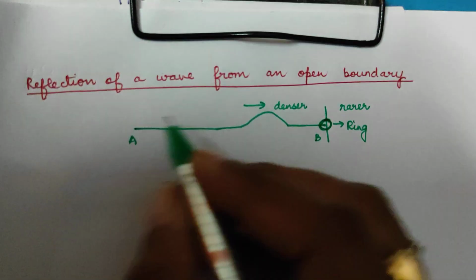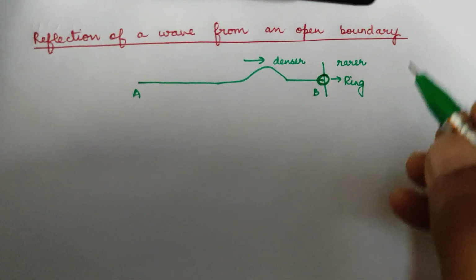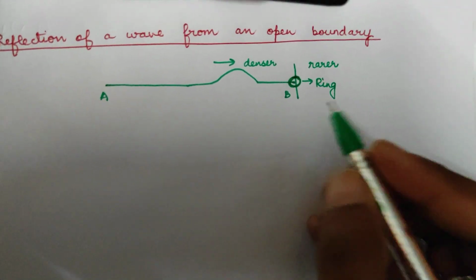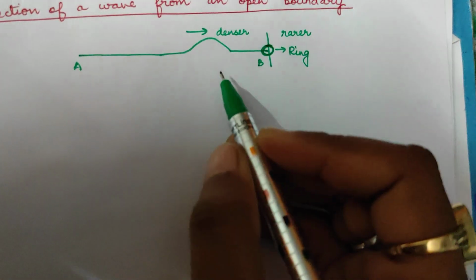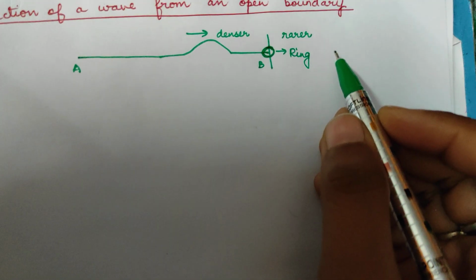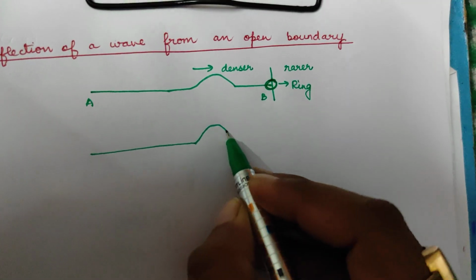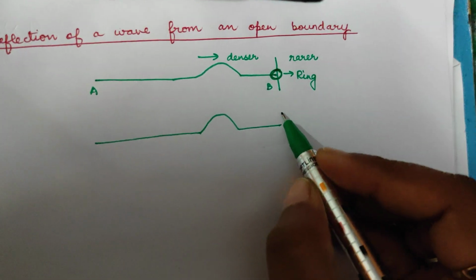As soon as the wave hits this boundary, the ring can move up and down, and hence the speed in this medium will be greater as compared to the rarer medium, and therefore there will be no phase reversal here.